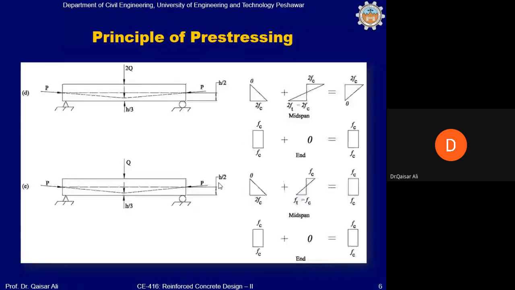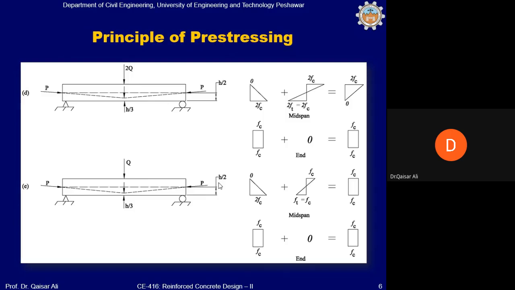Okay, now let's see what happens if this force P is applied at an eccentricity, but the eccentricity is variable. With the variable eccentricity, the bending moment will not remain constant all along the length of the beam, it will in fact be the opposite of the bending moment produced by 2Q.